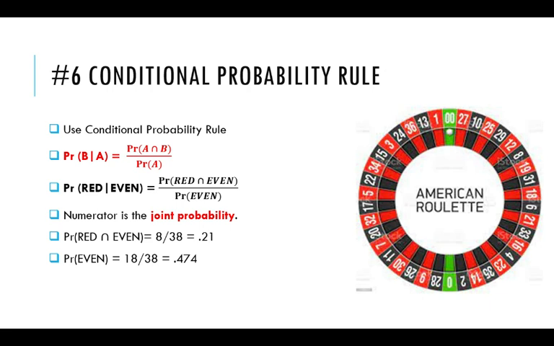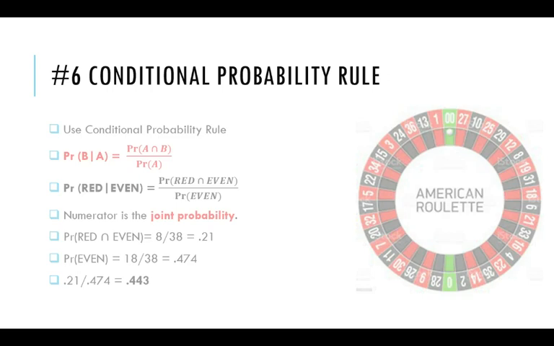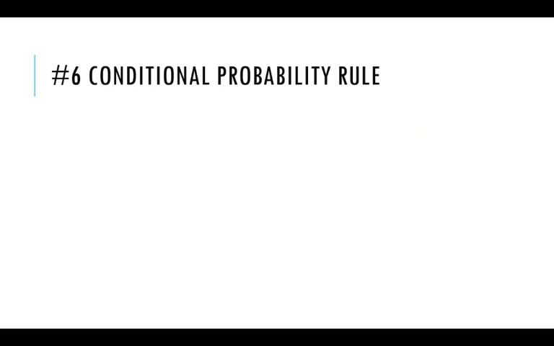So all I have to do here is plug into that equation the numerator 0.21, that's my intersection, divided by the probability of the given part, 0.474, and when I calculate this, I get a probability of 0.443. All right, so guys, conditional probabilities, not confusing, but there is something that is important for us to understand.